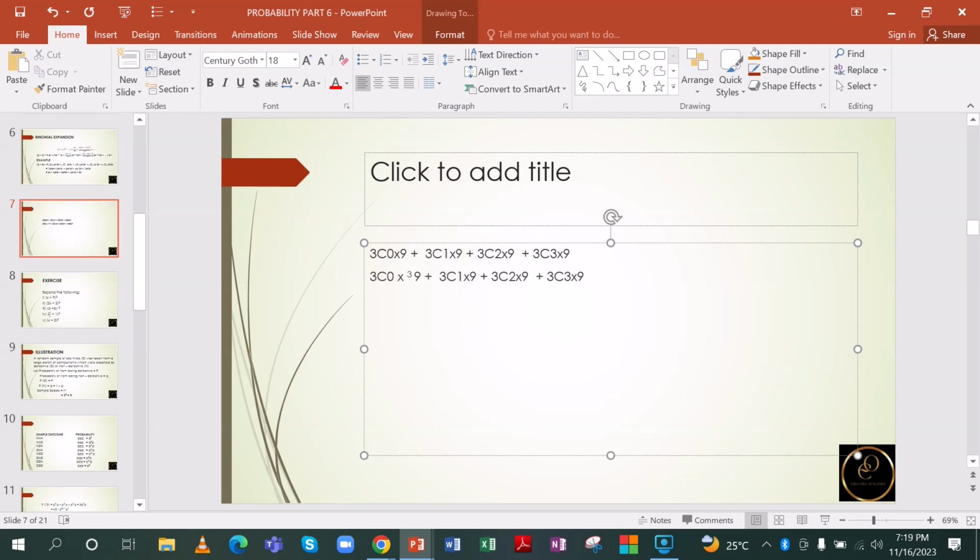Okay. So x raised power 3. Then this one. No. So how are you going to do it? This will be 9. So how do you want to send your... raised power 0.